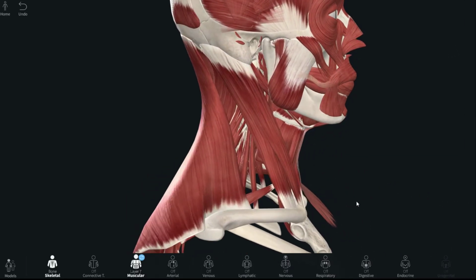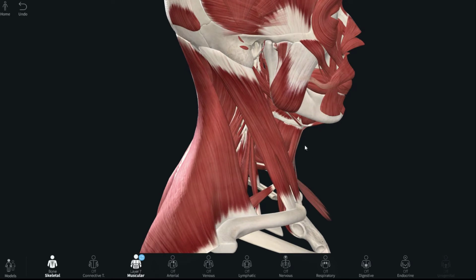What about the posterior extent? I just now said that this is the trapezius muscle. So, look at the mouse pointer: the anterior border of the trapezius muscle serves as the posterior demarcation of the side of the neck. Am I understood?